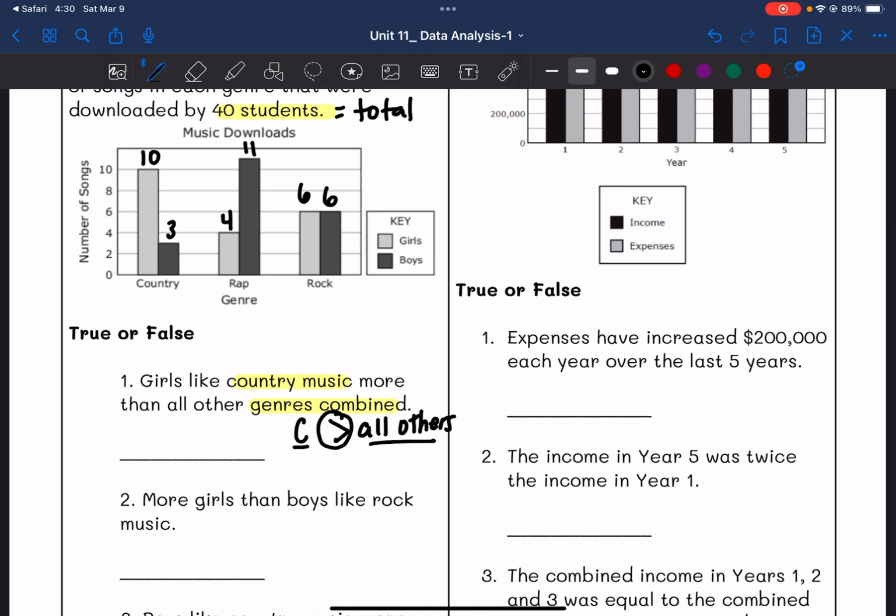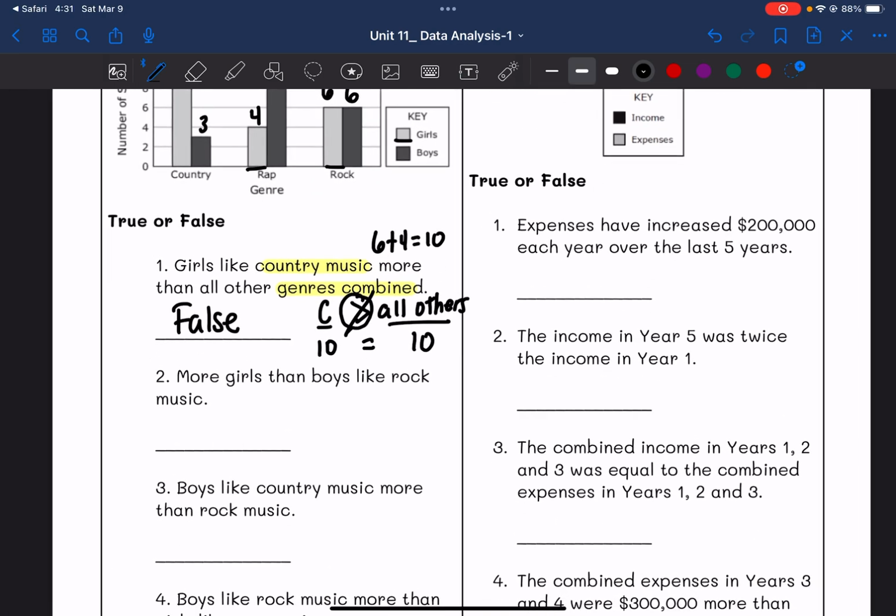For country, there are 10 girls. I'm looking at the gray one because that is the girls. There are 10 girls that like country, and all others combined means we take 6 plus 4, which equals 10. This is a false statement because 10 is not more than 10. It is equal, but it's not more. So this is false.